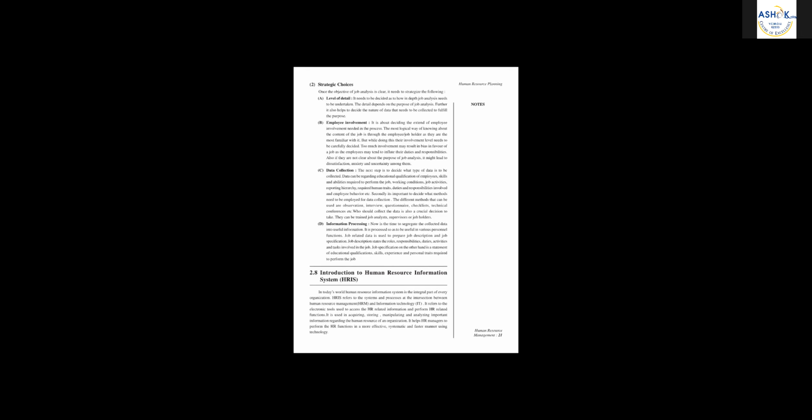It refers to the electronic tools used to access HR related information and perform HR related functions. It is used in acquiring, storing, manipulating, and analyzing important information regarding the human resource of an organization. It helps HR managers to perform the HR functions in a more effective and faster manner using technology.